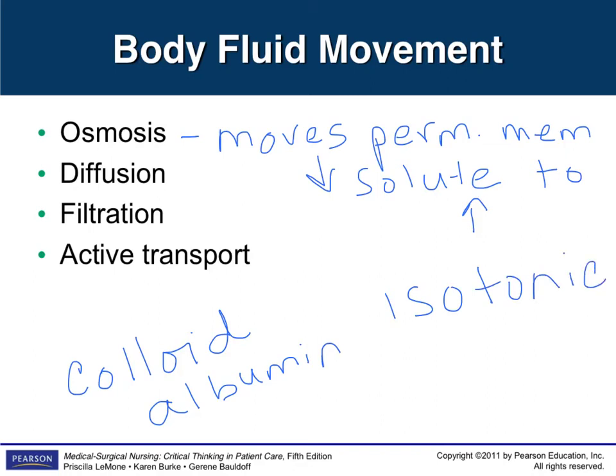So here's your isotonic. It won't shrink or swell. There's no net gain or loss of water, and there's no change in actual cell volume. An example of isotonic is your normal saline, but it's the 9% normal saline.